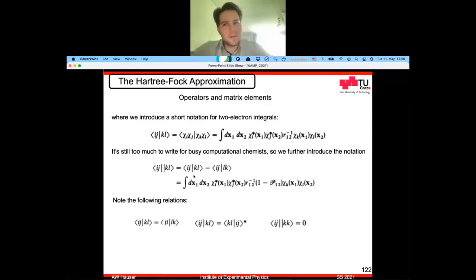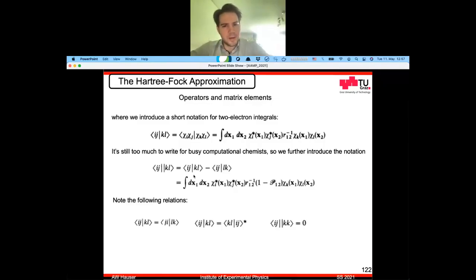Because we will encounter situations where these orbitals, so here we are working with molecular orbitals, but we will build these molecular orbitals from atomic orbitals, and these orbitals can be located at different atoms, right? So this is a product of functions that are located at different atoms, and in this case it would be even further away from this classical picture of having a real electron density distribution. Yeah, thank you for that.